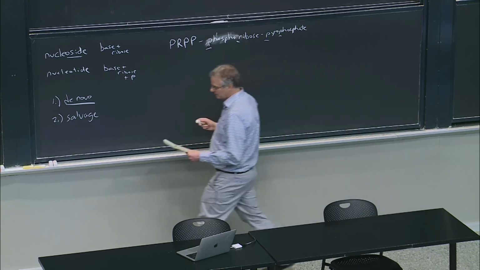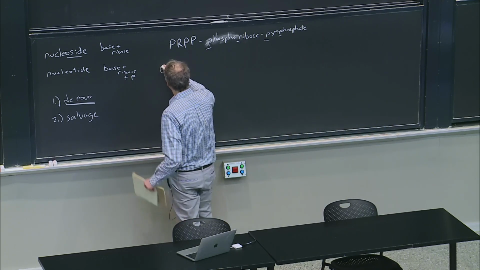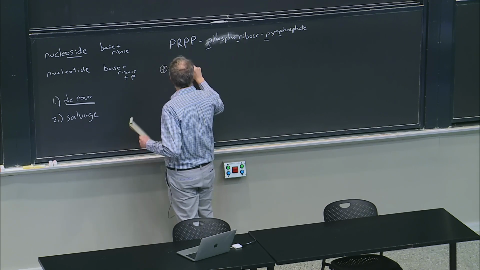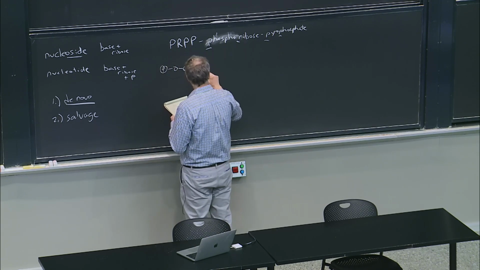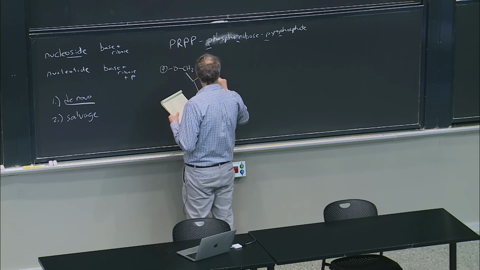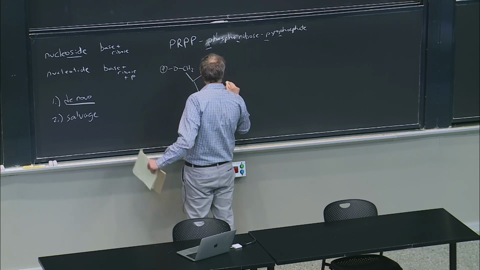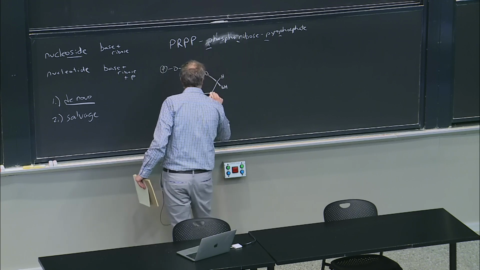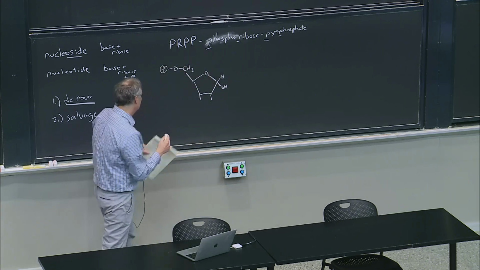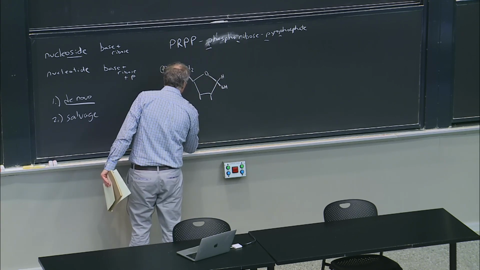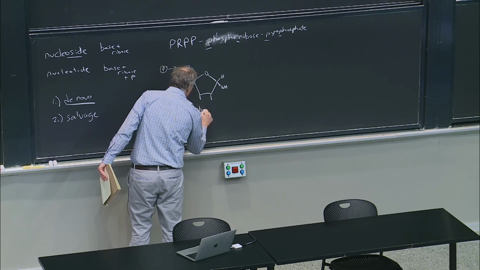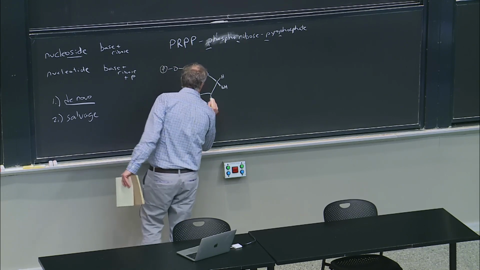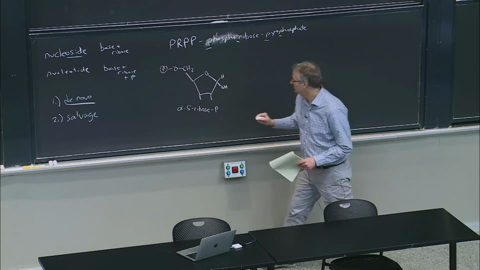So what is that? Well, if we draw here our ribose sugar, and we draw it in the alpha furanose form, so this would be alpha ribose 5-phosphate, okay?